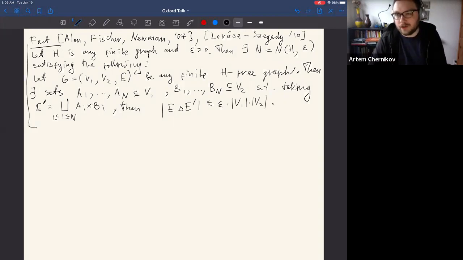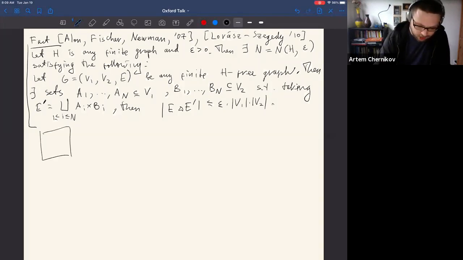So for any fixed H and error epsilon, all H3 graphs, up to the small error, up to symmetric difference epsilon, are actually given by unions of boxes. If we draw a picture, let's say this is V1, this is V2, and this is the incidence matrix.